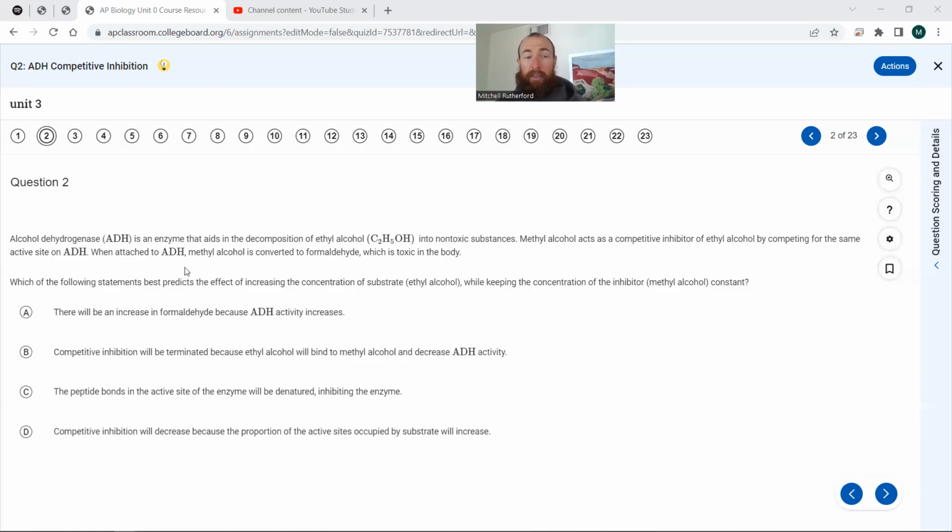If methyl alcohol is there, basically ADH, and this is something we could draw out, like I could just have this on my piece of paper. I write ADH plus methyl alcohol, MA, equals toxic. Then ADH plus ethyl alcohol, EA, equals non-toxic. So ethyl alcohol good and methyl alcohol bad.